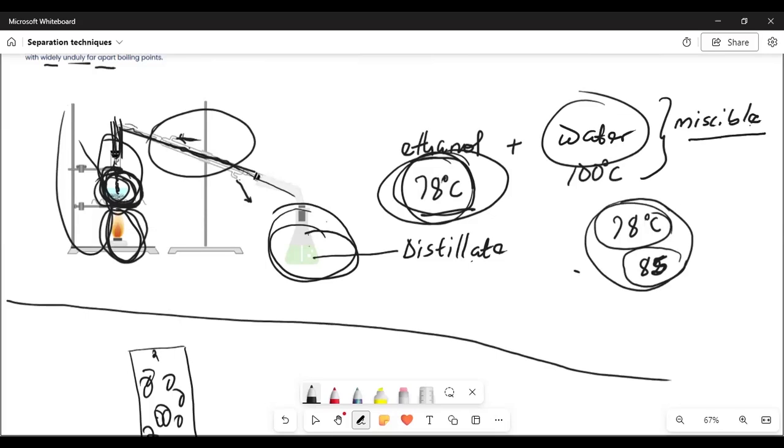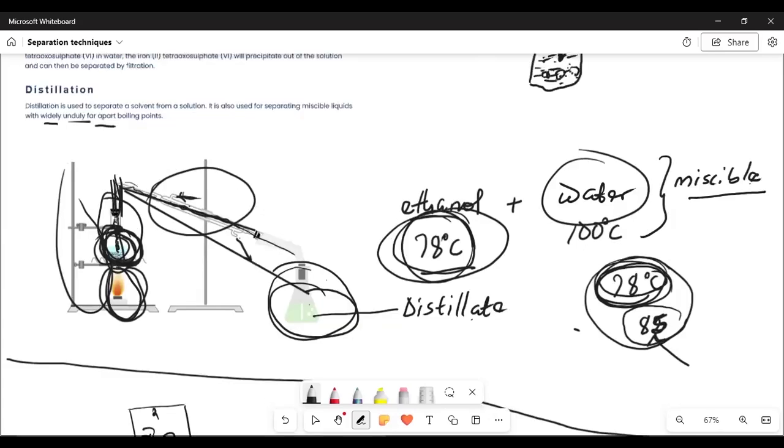But because the temperature in the fractionating column is lower than the temperature in the container, and its boiling point is not yet reached, once it gets into the fractionating column, it turns back into liquid and falls back into the container. While the one whose boiling point is already reached goes into the condenser and comes out as a distillate. Let's go and watch the simulation of that.